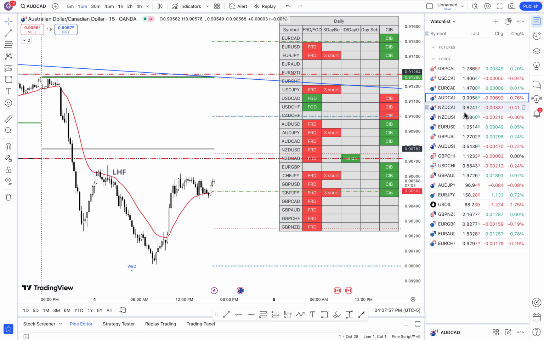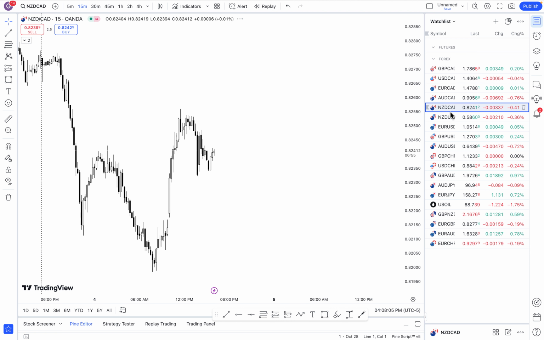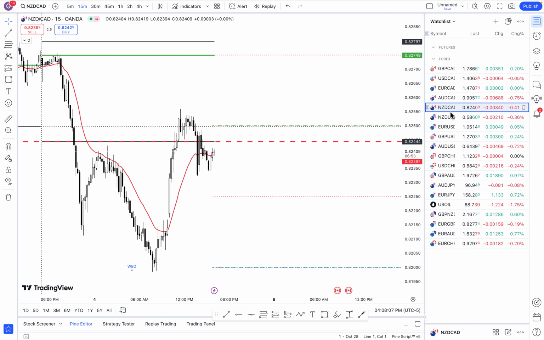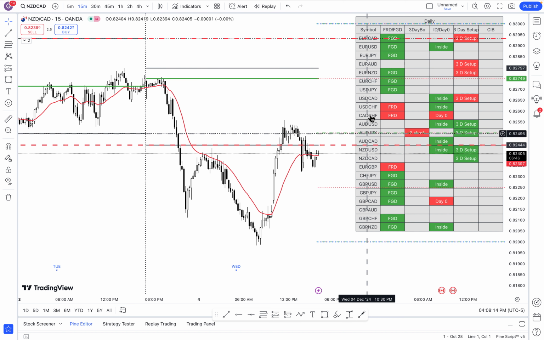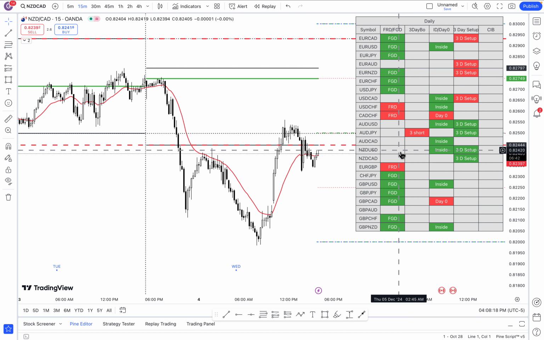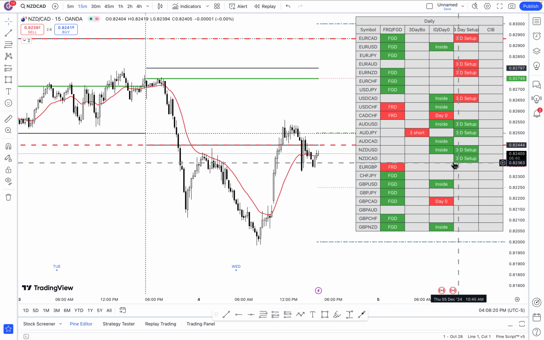The NZD, I think the market just closed and opened up. NZD card yesterday showed a 3-day setup.